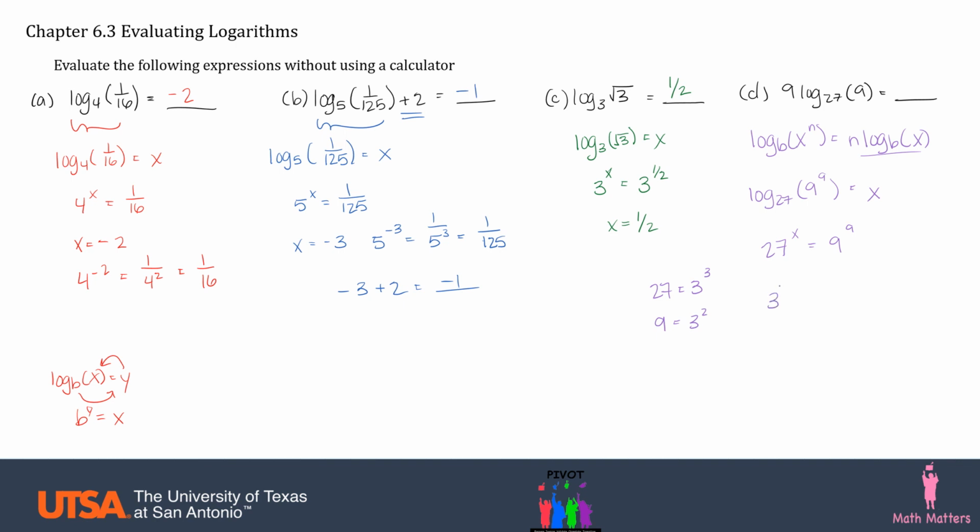So if we take 3 cubed to the x equals 3 squared to the 9th, then we know that a to the n to the m just equals a to the nm. We're just going to multiply this out. So 3 to the 3x equals 3 to the 18th. And since now the bases are the same, we can just set these equal to each other, and then we get x equals 6. So for our last one, we simplify it to 6.